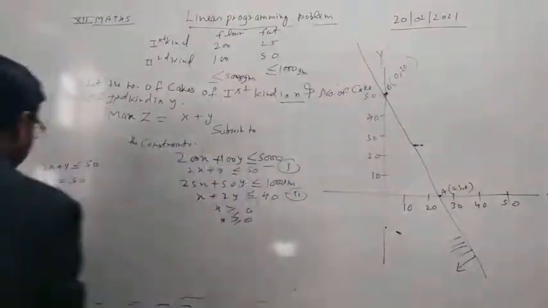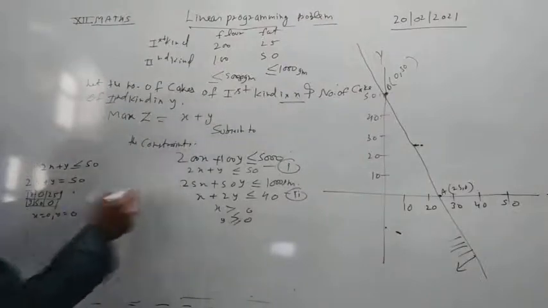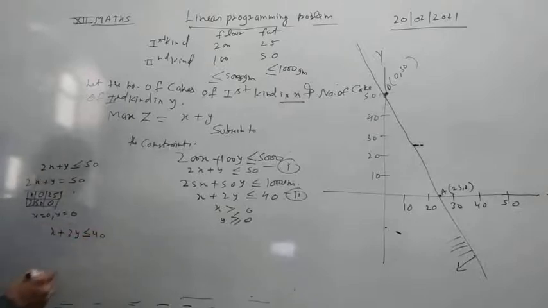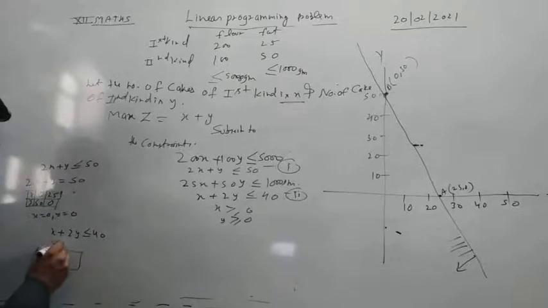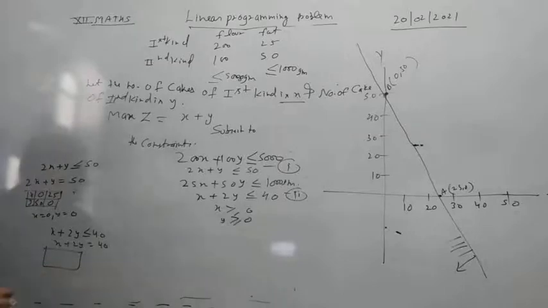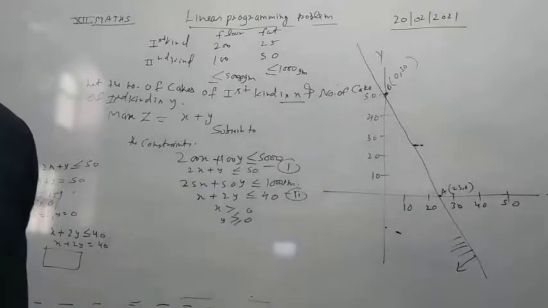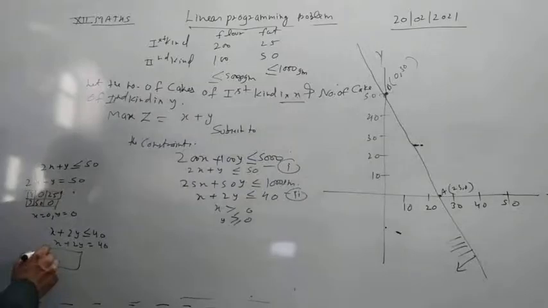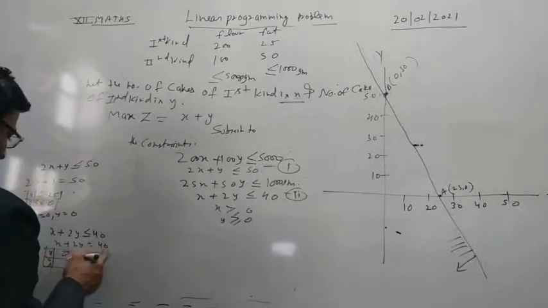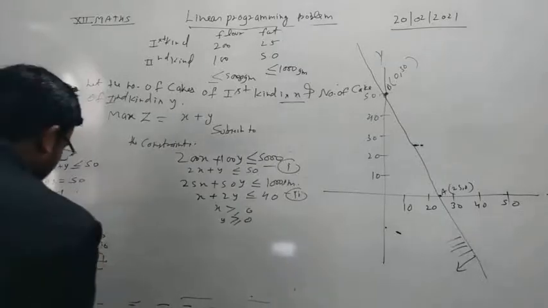Now students, we take the second inequality, which is x plus 2y is less than 40. When we convert this and take x and y, we get, when x is 0, y is 20, and when y is 0, x is 40.